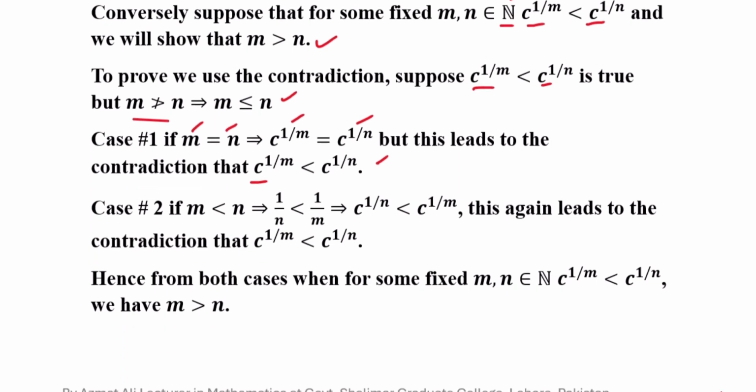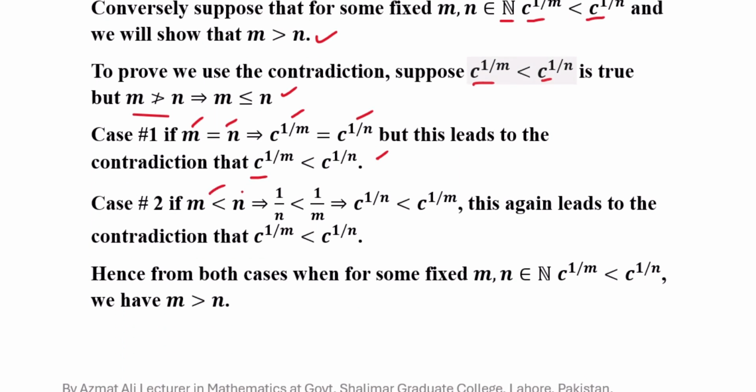Case number 2. If m is less than n, then clearly when you take the reciprocal, or multiply by 1 over mn on both sides, we have 1 over n less than 1 over m. This shows this number 1 over n is less than 1 over m.